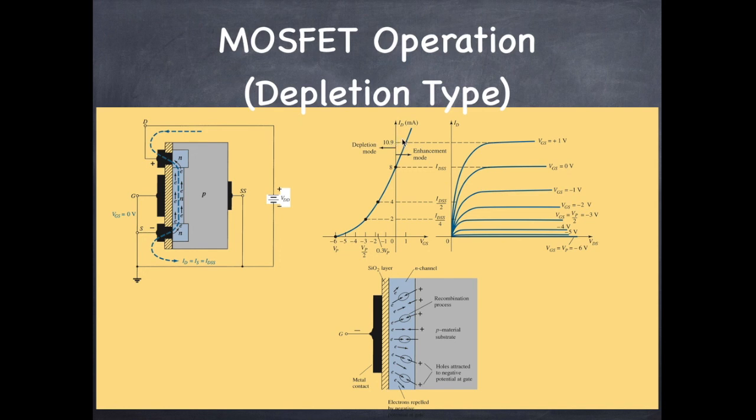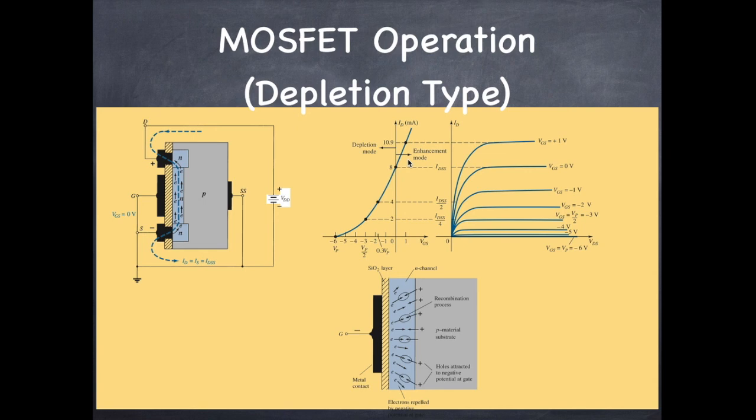As shown in the figure, the variation of drain current with VGS and variation of drain current with VDS for fixed values of VGS is displayed in the curves. As VGS becomes positive, we call that MOSFET is working in enhancement mode.